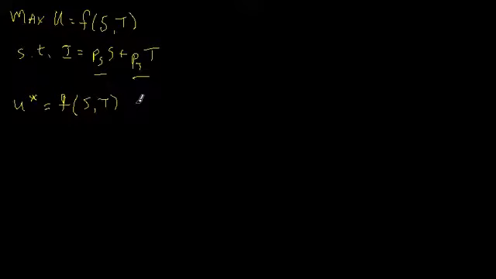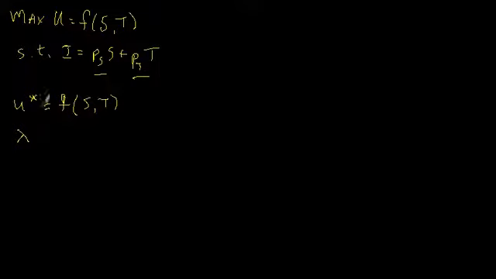Make a new function which is the sum of u and a Lagrangian multiplier. And the Lagrangian multiplier is equal to a constant that is conventionally called lambda, I guess to remind you of the L in Lagrangian, times the constraint, in this case the income constraint, written in a form that the income constraint is equal to 0.